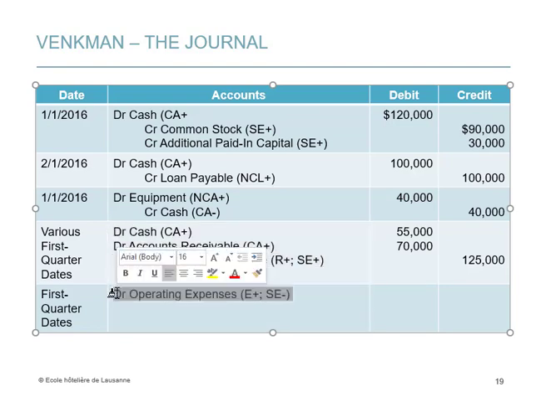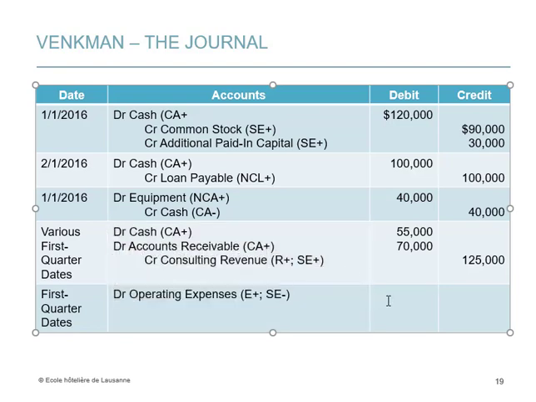So let me just format it for your convenience. And we increase it by 132,000, the total amount of operating expenses.